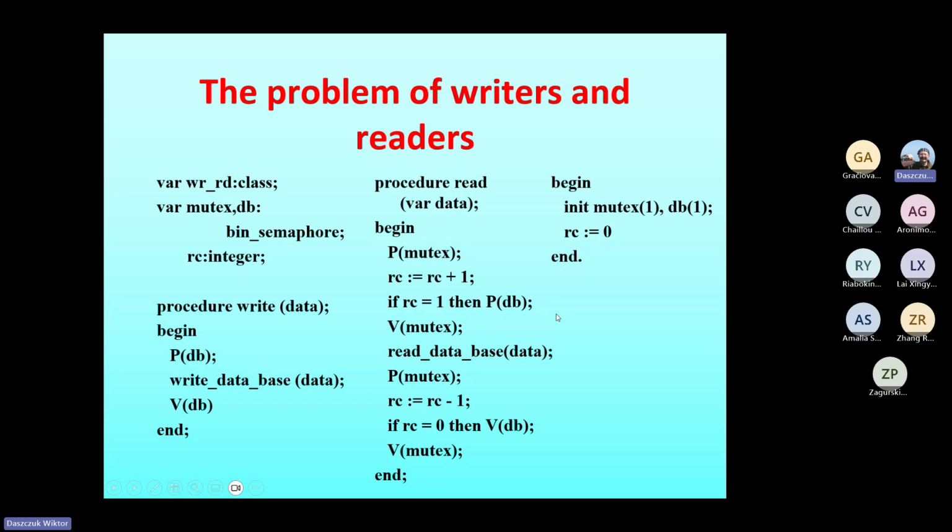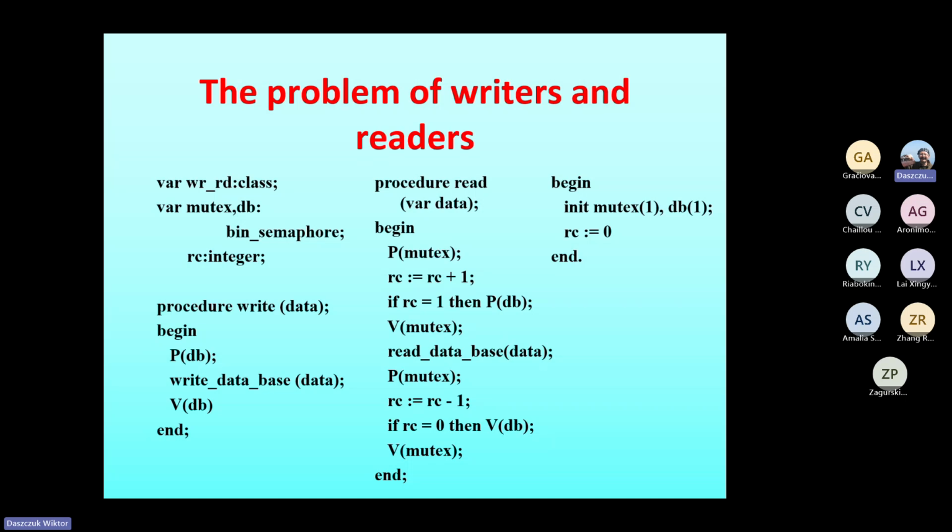But how can we know that more than one reader reads? We need a counter. So we have a variable RC, which is the reader count, that holds the number of readers that currently access the database.